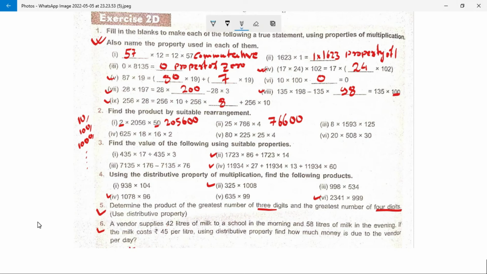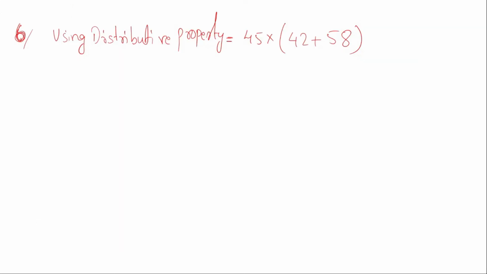So let's see. In question number 6 we have to use distributive property. So as per the distributive property, we can write the equation this way. So it will be 45 into (42 plus 58), which is 100. So it will be rupees 4500.